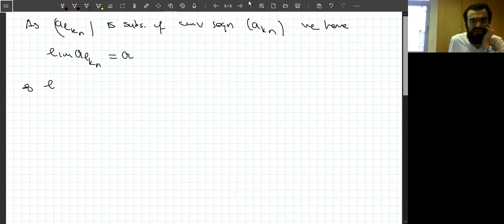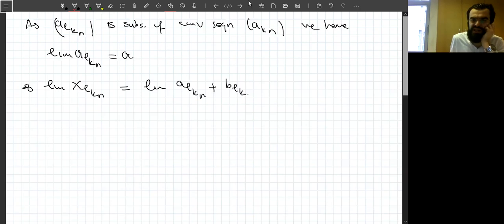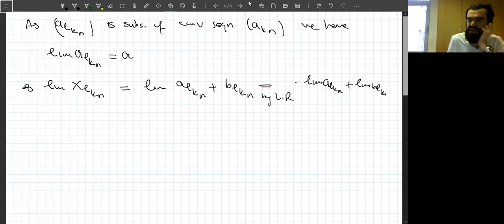So the limit of x_{l_{k_n}}, which is the limit of a_{l_{k_n}} plus b_{l_{k_n}}, by the limit rules is the sum of the limits: the limit of a_{l_{k_n}} plus the limit of b_{l_{k_n}}.